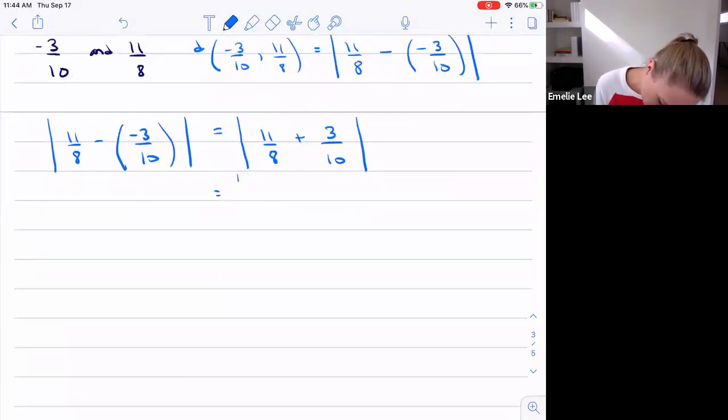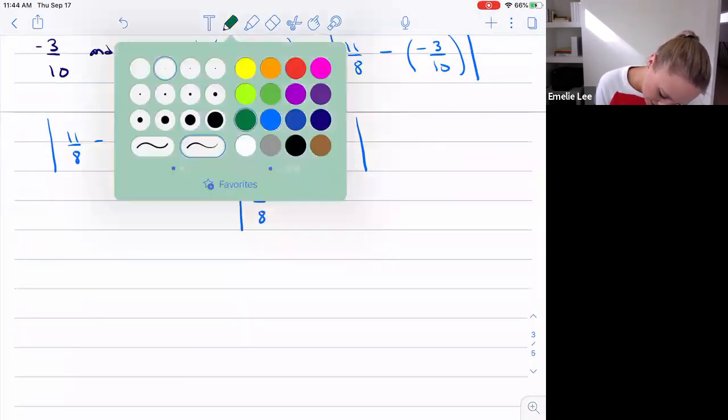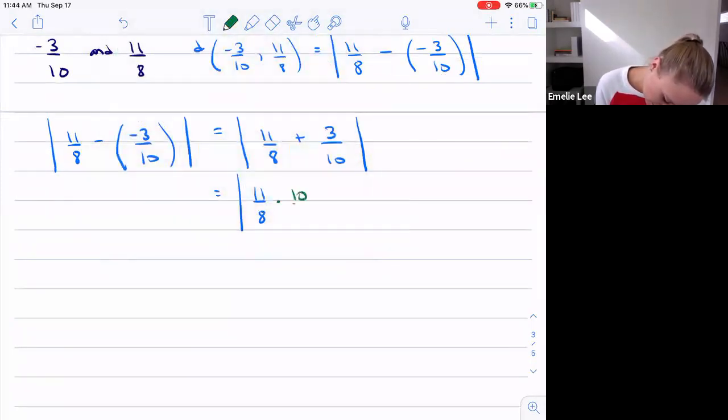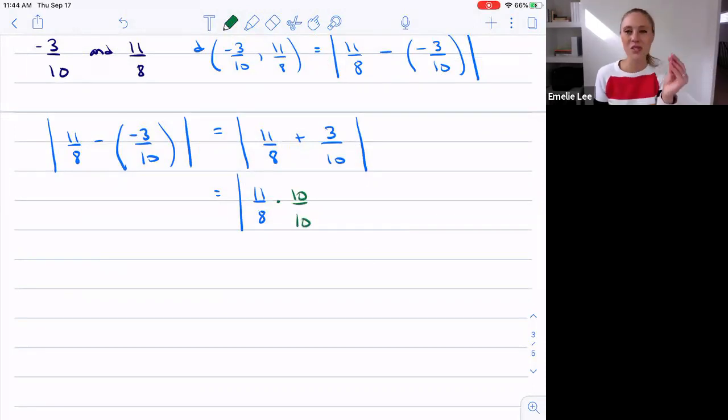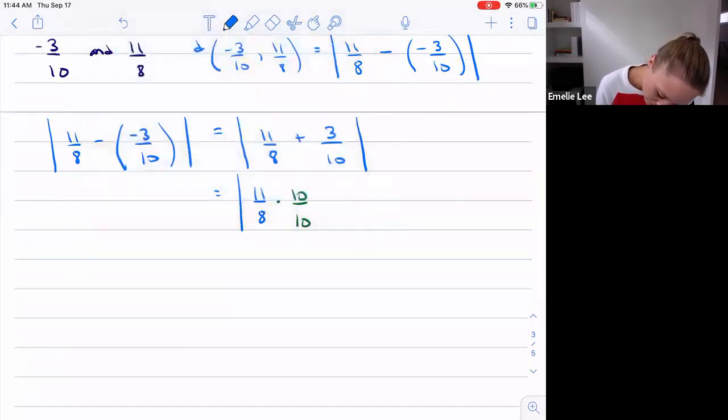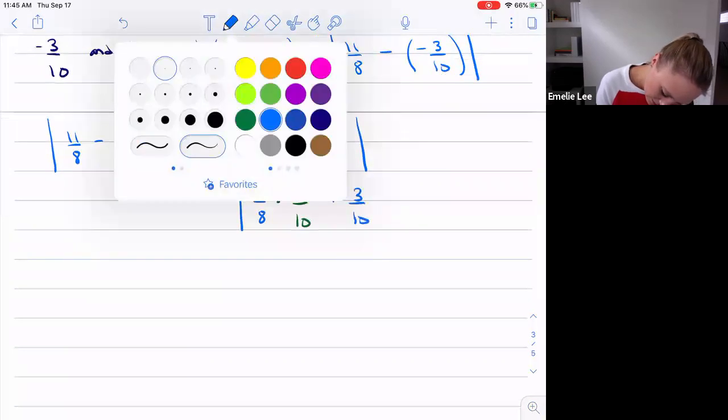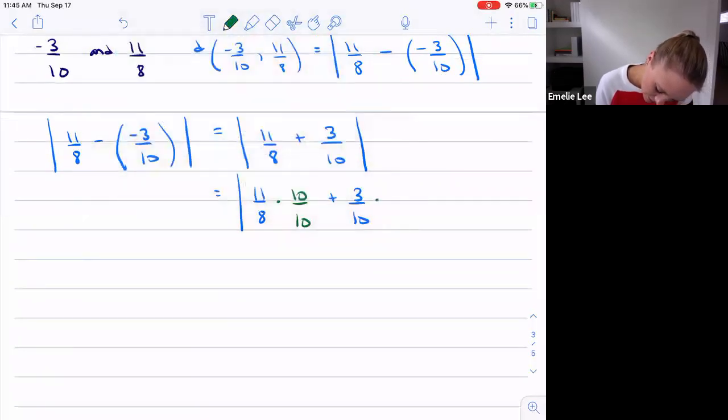So what I've got here is I've got 11 over 8 times 10 over 10, right? That's just multiplying fractions, so that's easy. We just multiply across. Plus 3 over 10 times 8 over 8.